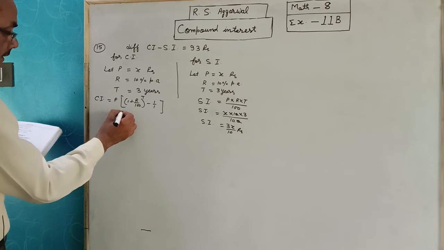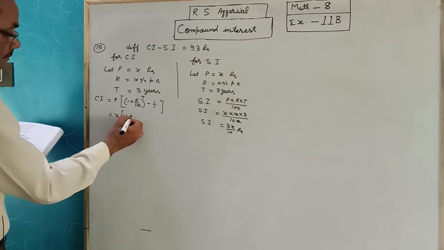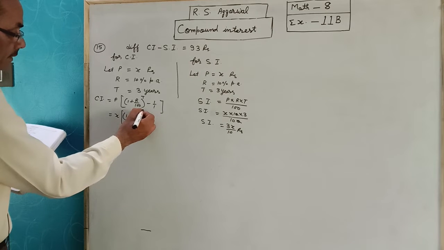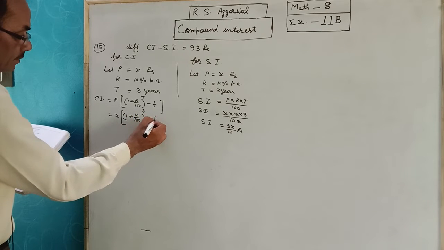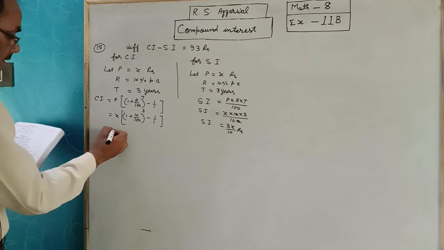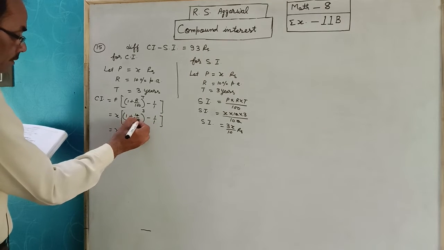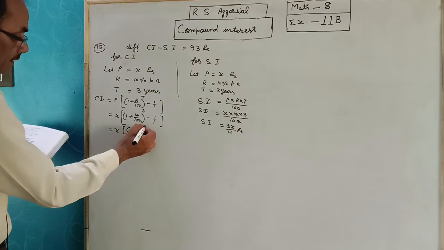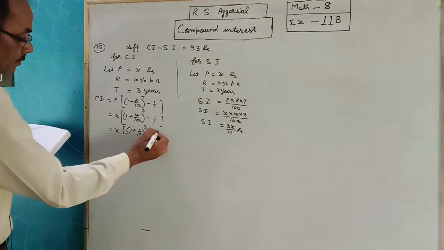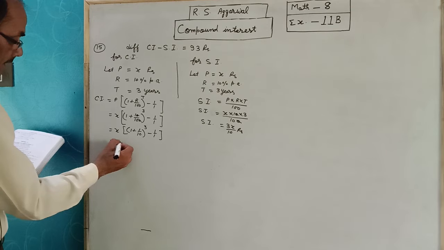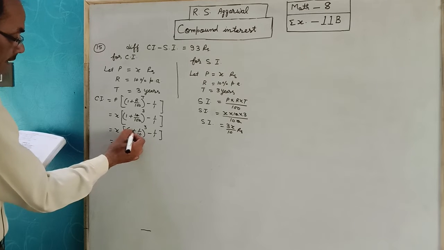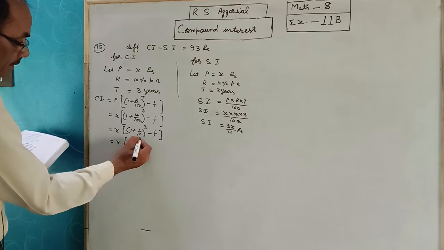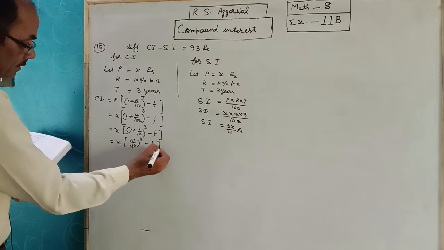P is equal to x, 1 plus 10 upon 100, T value is 3. x into 1 plus 1 upon 10 has power 3 minus 1 upon 1, x into 11 upon 10 has power 3 minus 1.